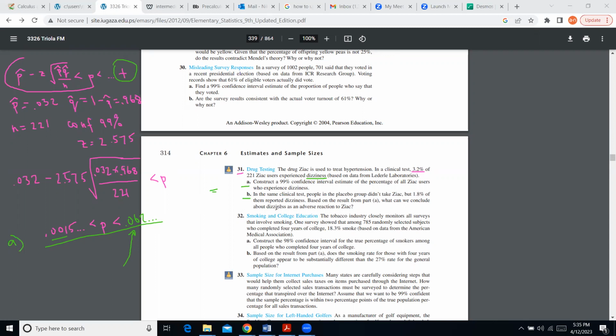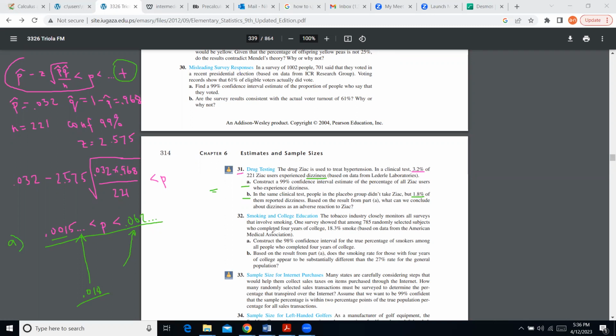For part B, they say in the same test, people got a placebo and 1.8% of those people reported dizziness. Well, dizziness reported again 1.8% or 0.018. So they didn't get a drug, but they were still dizzy. Okay, so based on this result from part A, what can we conclude about dizziness as an adverse reaction?